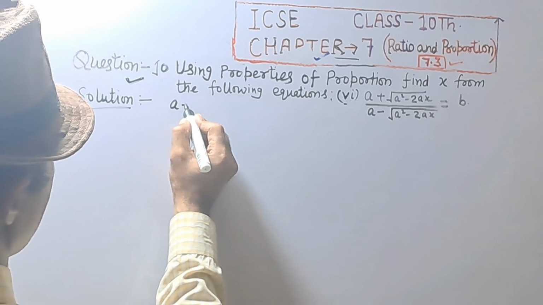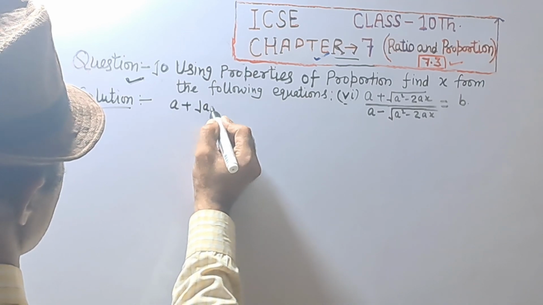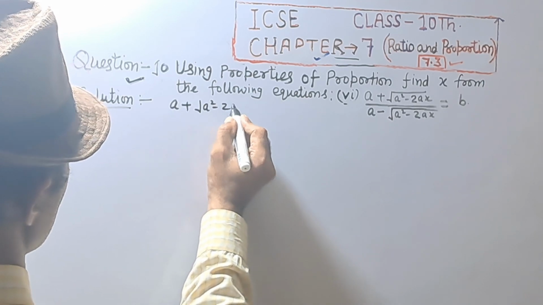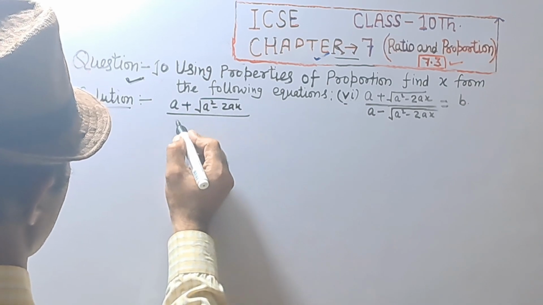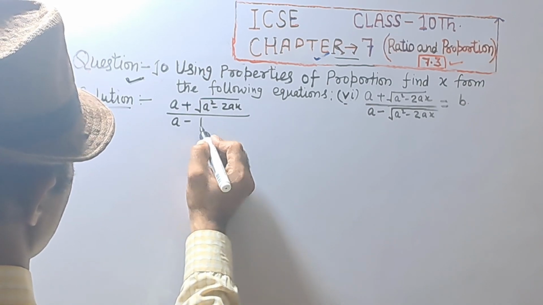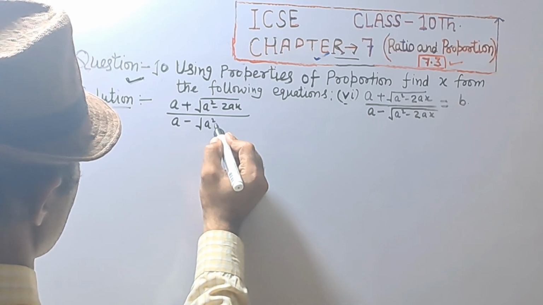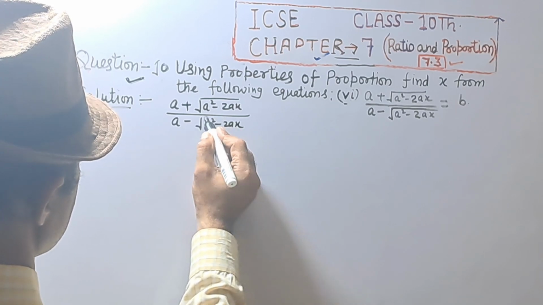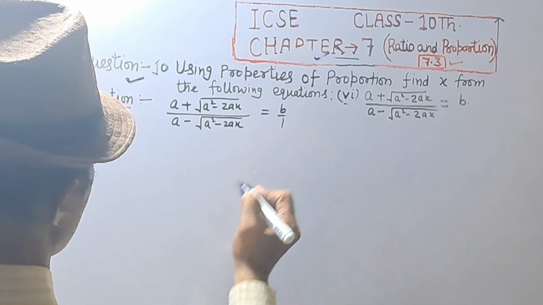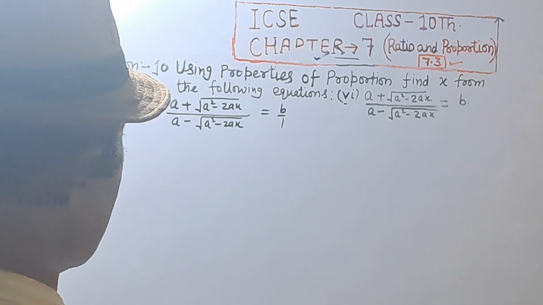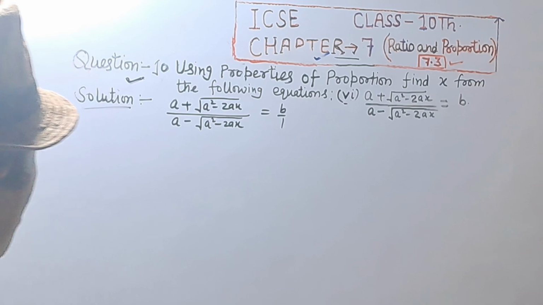Given (a + √(a² − 2ax)) divided by (a − √(a² − 2ax)) is equal to b, that is b upon 1.